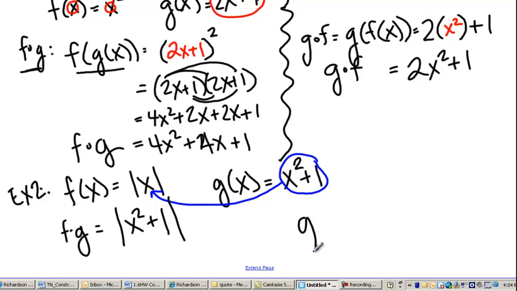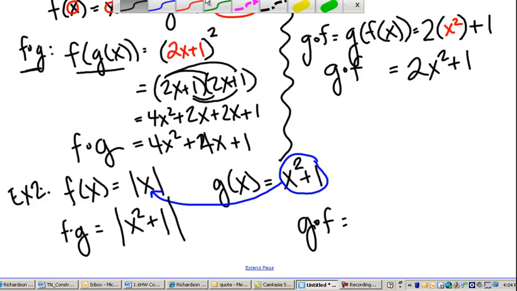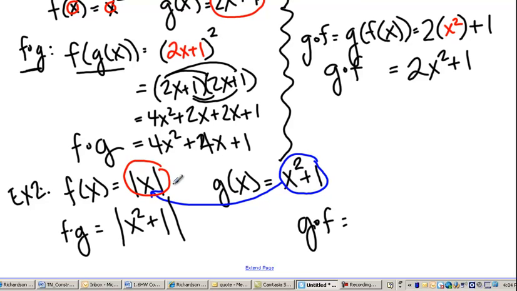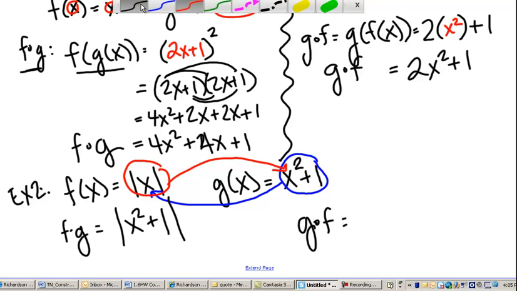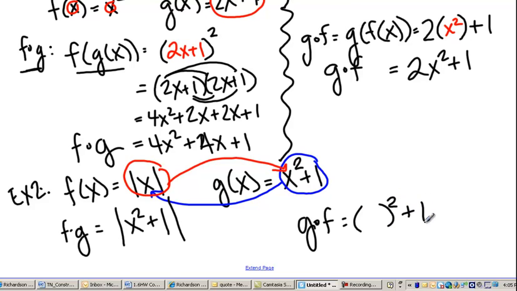Okay? If I asked you what your g of f of x is, you're going to do the opposite. You're going to put the absolute value in place of our x. So this one looks like the absolute value of x, squared, plus 1.